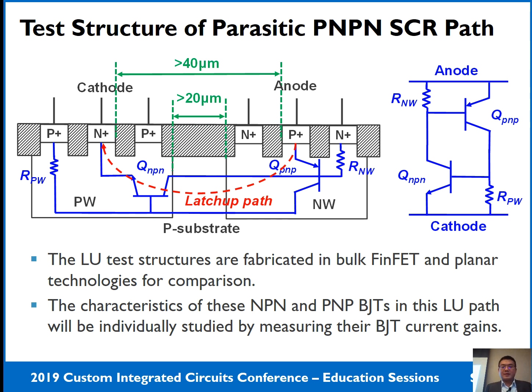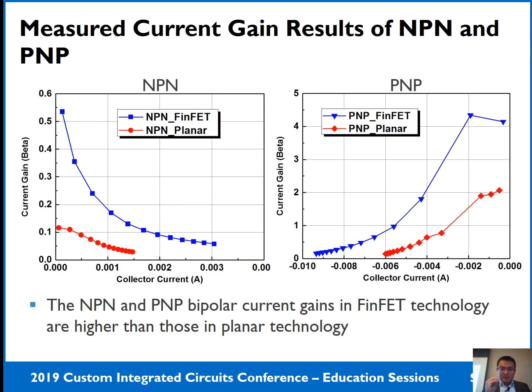Okay, first let's look at the parasitic NPN and PNP bipolar gain. If you have a lowered bipolar gain, for sure your latch-up risk will be less, right? This is a measurement result, not simulation. The FinFET NPN and PNP both have a higher bipolar gain compared with the planar PNP and NPN bipolar.